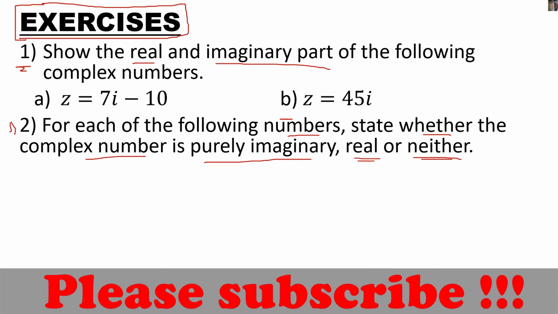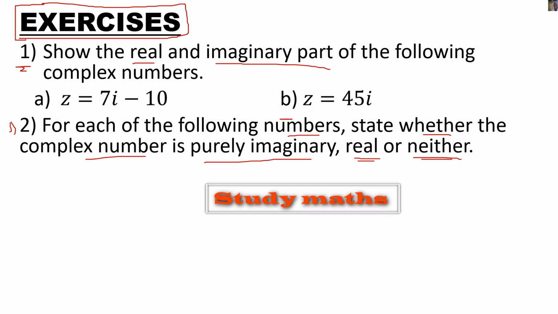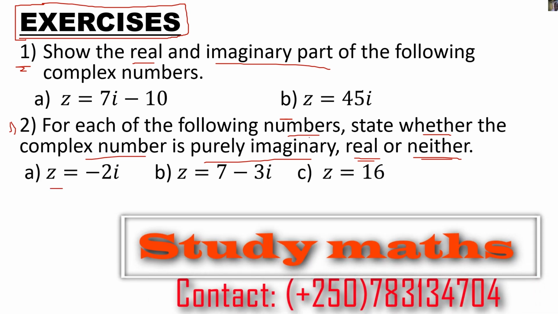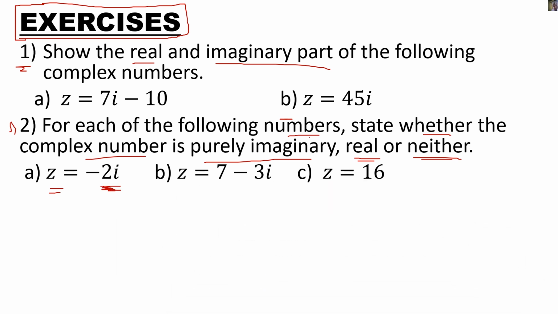Now determine if the given complex number is purely imaginary, real, or neither. We have a, z equals minus 2i, and b, z equals 7 minus 3i, and c, z equals 16.